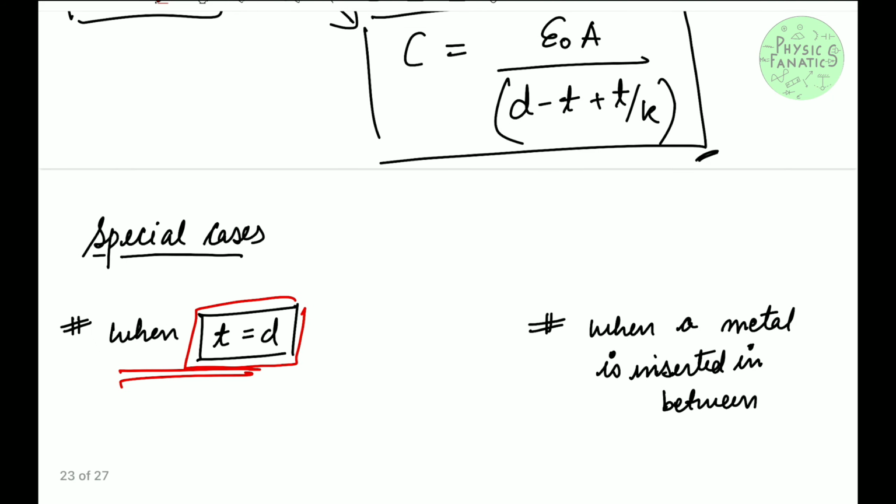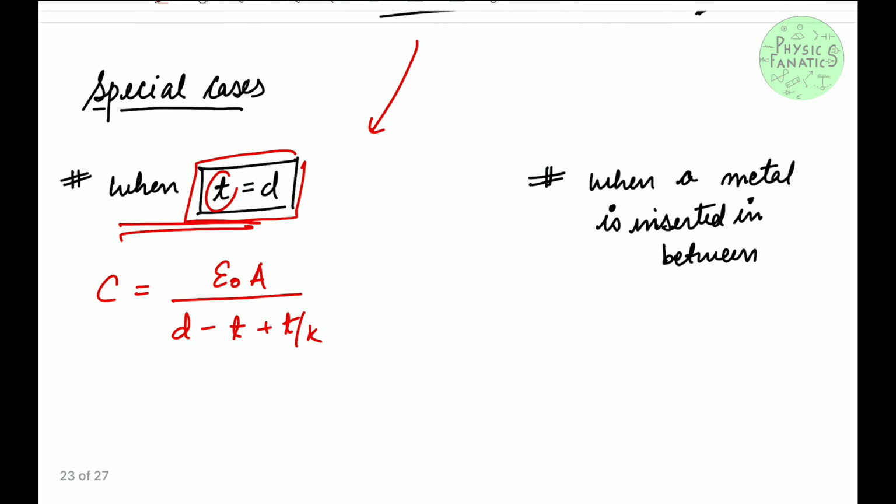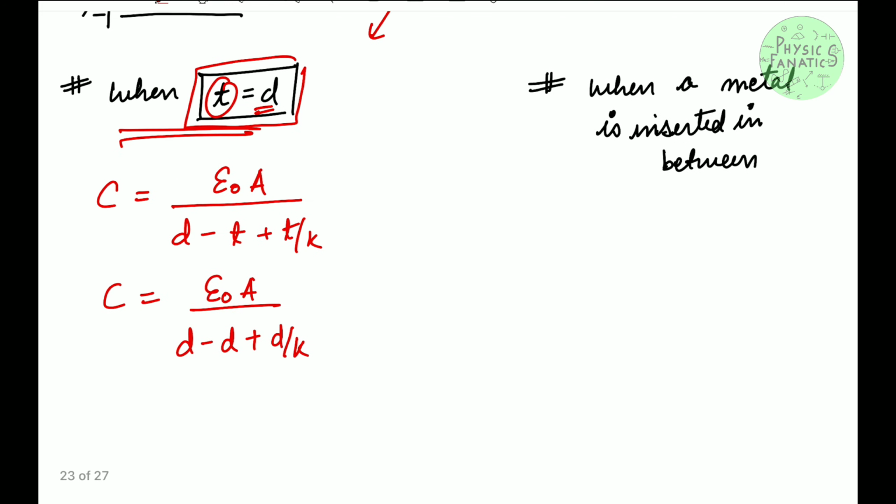I know this value, I'm just going to copy it. C will be equal to epsilon naught times A upon (d minus t plus t by k), right? So wherever there is t, I will put the value d. Epsilon naught times A, this is d minus d plus d upon k. I hope you guys can understand.